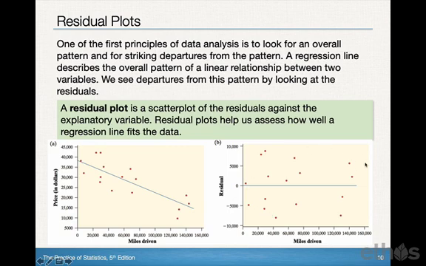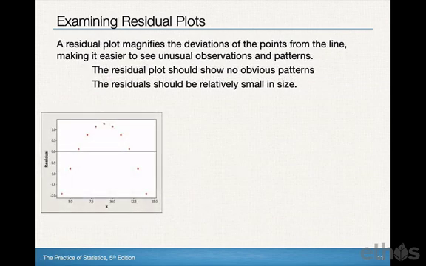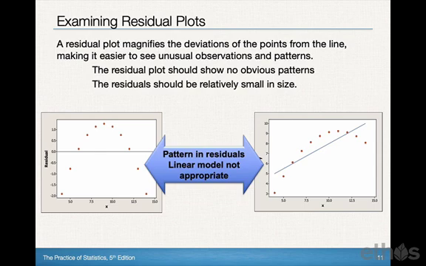And as long as we have a general random scattering of residuals, then that is visual evidence that this line of best fit is a good fit, is a good predictor of values for this situation. So here are patterns in residual plots, and you can imagine what this means.